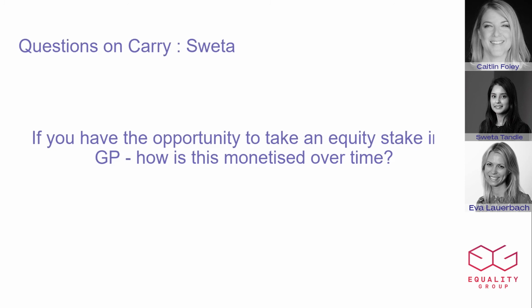There might also be a bonus, for example, for good performance of the LLP, where performance has been strong. But again, these terms vary quite a bit. So it's really important to read the LLP agreement that governs the GP in order to understand how your interest will monetize, specific to your circumstances.